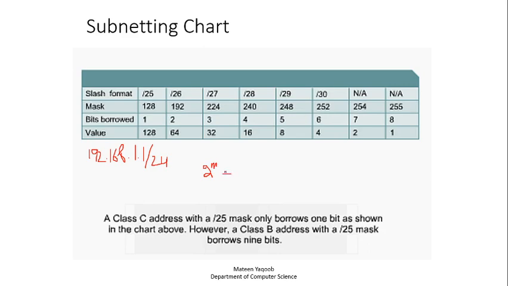So if I want to make two subnets, I have to borrow exactly 1 bit, because 2 raised to power 1 is 2. I will borrow it from the host part.